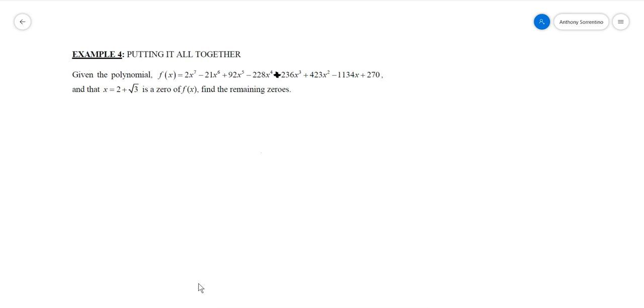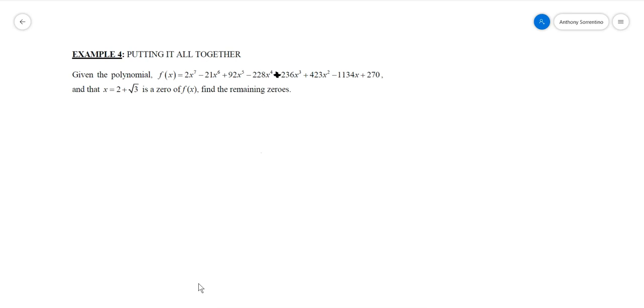For example 4, you're given this 7th degree polynomial function. Sorry about the big wonky plus sign there, but there was a sign error that I noticed when I made the slide. I fixed it in the notes, but didn't fix it here. I'm being told that x equals 2 plus the square root of 3 is a zero of f of x. I'm asked to find the remaining zeros.